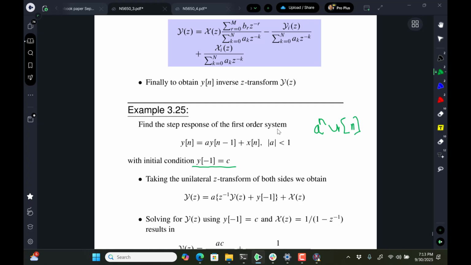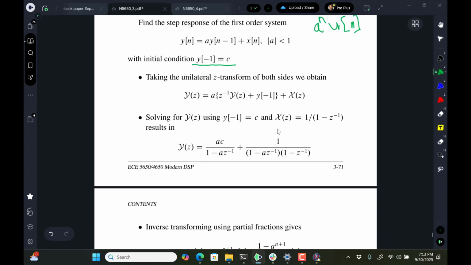I just did the one-sided z-transform of everything right here, and then I took into account, because of the one-sample delay, I get the y of minus 1 with the a out in front of both of them, and then the x of z stands alone, and then solve for y of z, and the y of minus 1 initial condition just pops out of that in the math. And there it is. y of minus 1 is c, the initial condition, and then you just have to inverse z-transform that using partial fraction expansions, term by term.